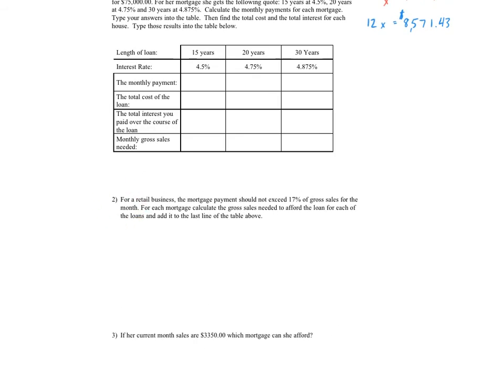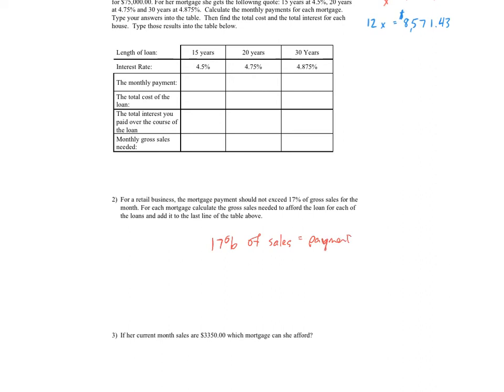Here it's 17% of your gross sales. 17% of your sales when you have a business is equal to your monthly payment. You shouldn't spend more than 17% of your sales on your monthly payment.